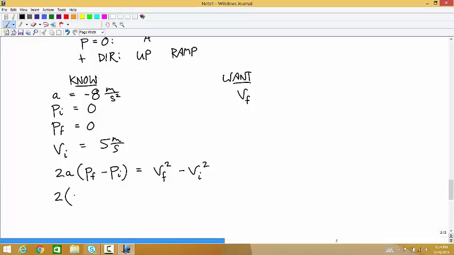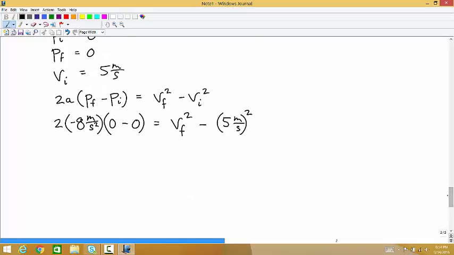So 2 times negative 8 meters per second squared times the quantity 0 minus 0, that's interesting, is equal to v final squared, what we're trying to calculate, minus 5 meters per second squared. All of this goes away because we have 2 times negative 8 times 0.